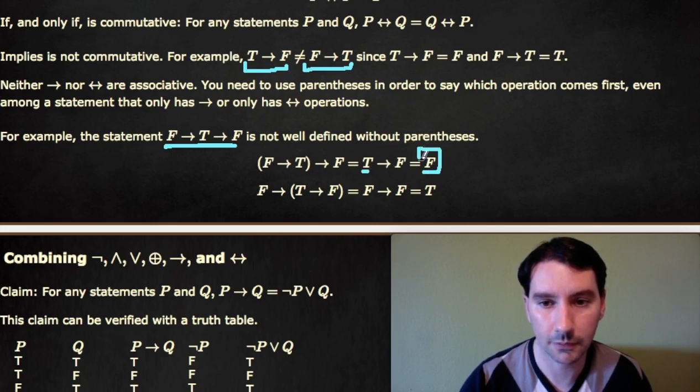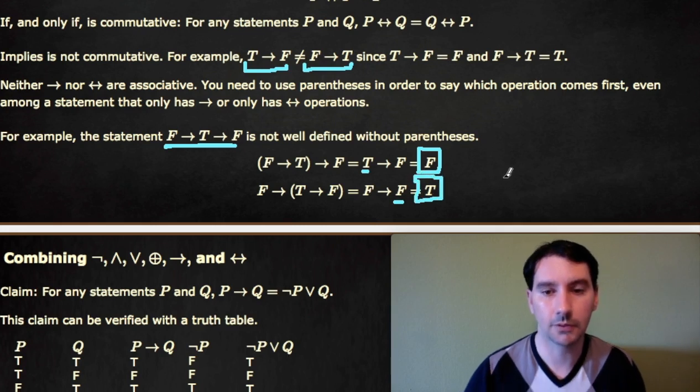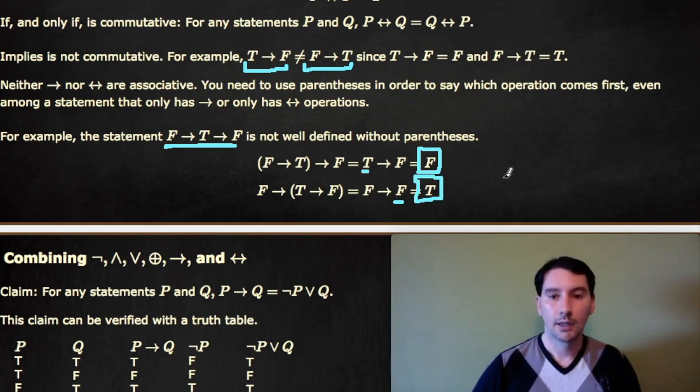So this would give you false. On the other hand, if we do the second implies first, true implies false is false, and then false implies false is true, because you can start with false statements and derive false conclusions. That's true. And so therefore, these things are not equal, and it does matter in which order you compute, which you indicate with parentheses.